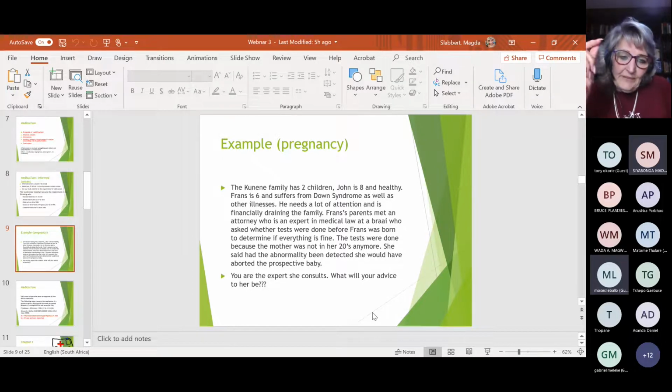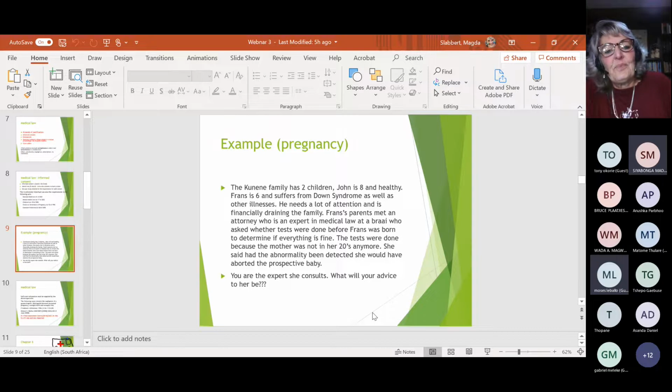The woman specifically went for those tests because if the doctor was not negligent and told her that the baby has the symptoms of Down syndrome, she would have aborted the baby because that is a legal abortion in our country. Now, the doctor gave her the wrong advice. The baby was not aborted. The baby was born. The baby now suffers from Down syndrome and is costing a lot of money for special care, etc. So what will your advice be to the woman?